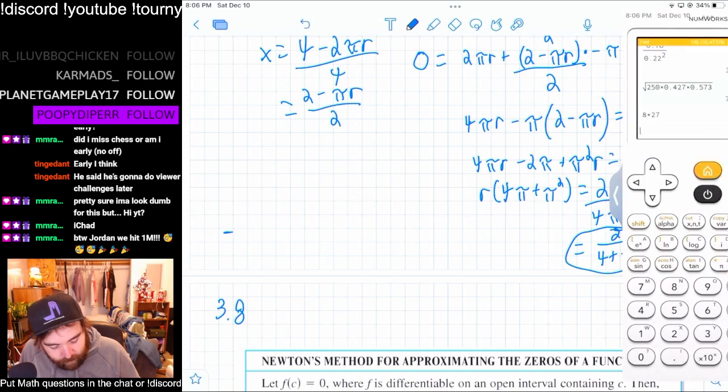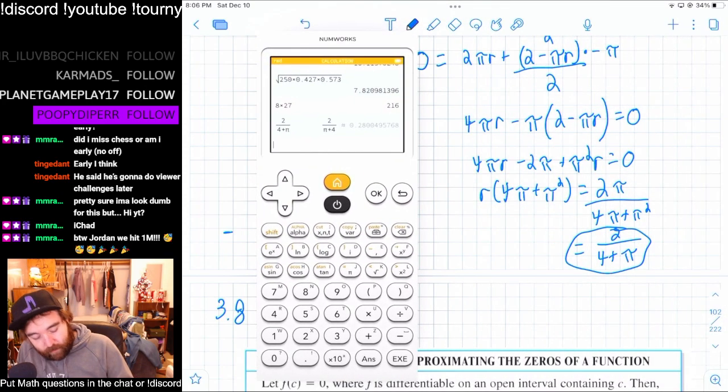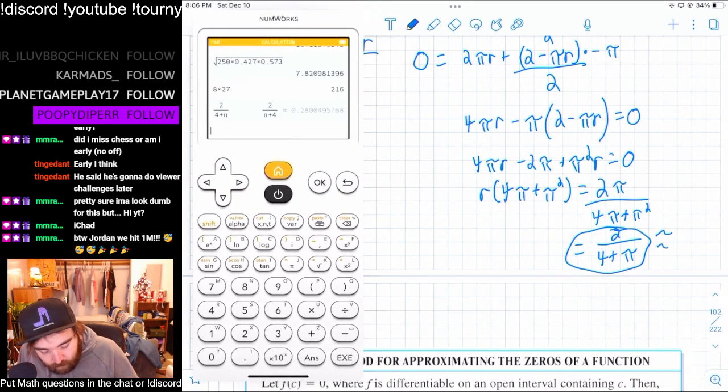I suppose I'm going to want decimals here. So 2 divided by 4 plus pi gives 0.28 as the radius of the circle. Pretty much right on 0.28. Then what's the circumference? What's the wire?